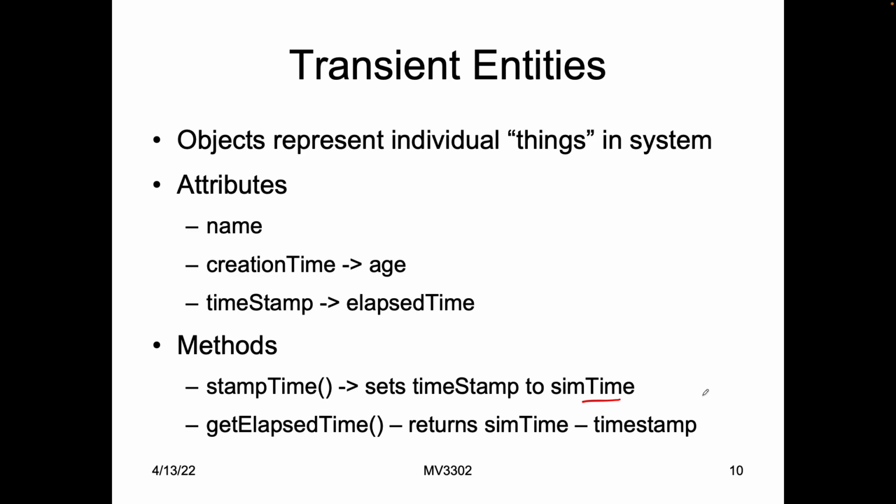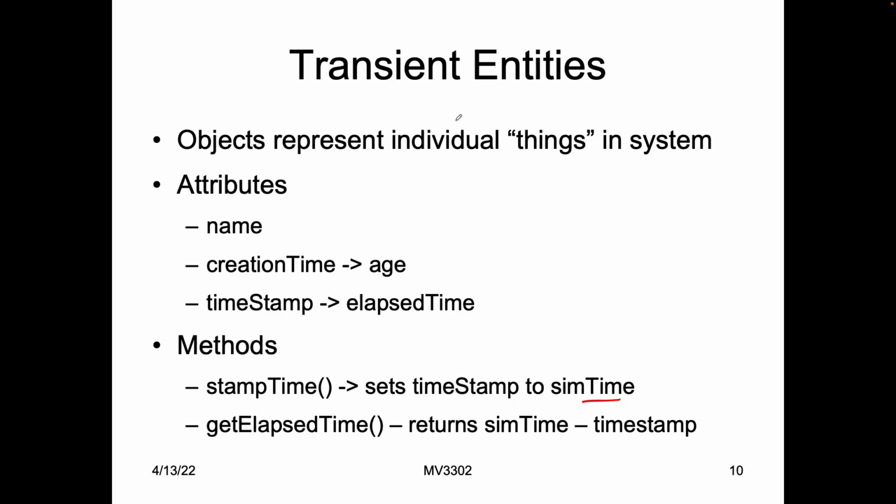Basically, that's like when you go in a parking garage and you get your ticket, it's stamped with the time. That's basically what it does. And you have the ability to do that at any event that you want. So at any event, and we'll see how that works, if we call stamp time, that will cause the entity to remember what time that event occurred for it.